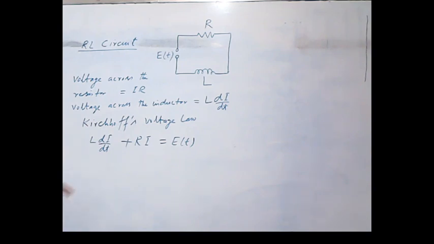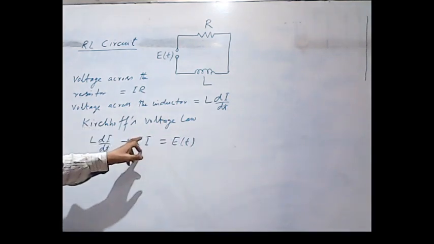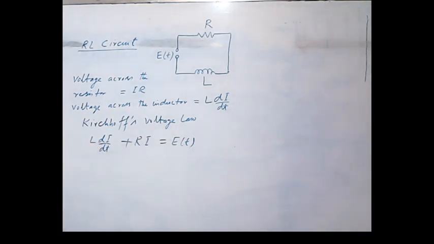Now here the situation is not separable variable, because the variables are I and t, current and time. You cannot separate I and t, because if you move this to the right hand side, it involves the current at the time, so how do you separate this with respect to the operators di and dt.